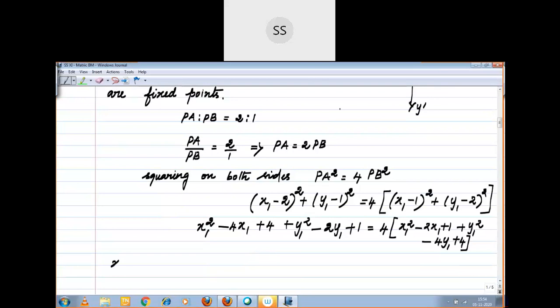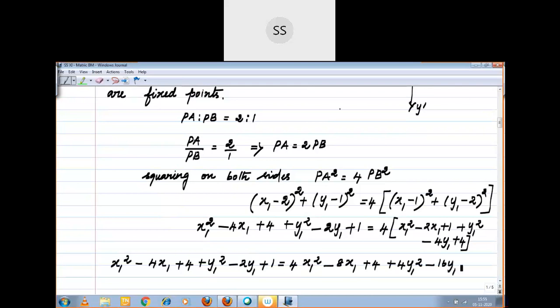Next, the right hand side we are going to multiply by 4, the things that exist inside the bracket: 4x1 square minus 8x1 plus 4 plus 4y1 square minus 16y1 plus 16.